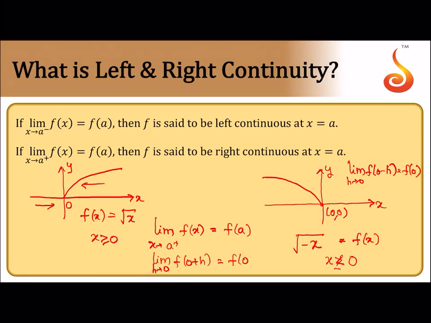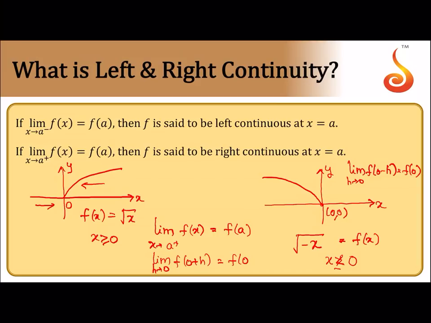So we can write this as limit h tending to 0 of f of 0 minus h is equal to f of 0. This is left continuity, and before was right continuity. This is an excellent example, f of x equal to root x, to explain left continuity and right continuity. Here on the left hand side there is no function defined.